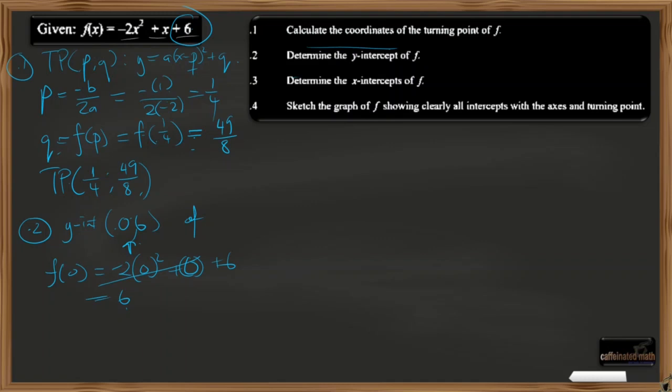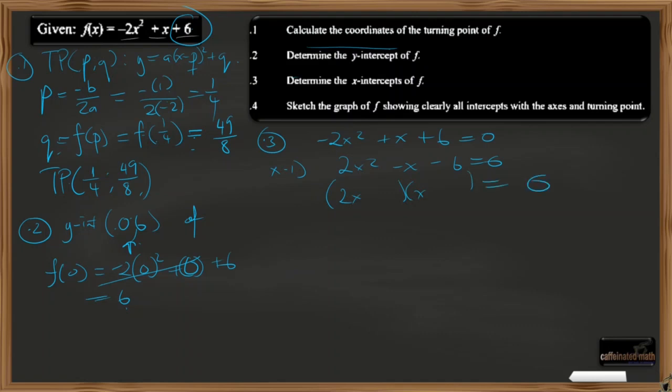Determine the x-intercepts of f. Well, for that one, we just set the entire equation equal to 0, so that's minus 2x squared plus x plus 6 all equal to 0. Multiply or divide by negative 1 right through, and we'll have 2x squared minus x minus 6. Then we can just factorize this.